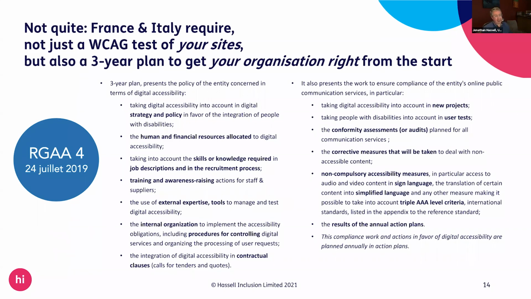We've got things in here like the strategy and policy, how much money you're dedicating to this. They want to know how you're making sure that staff are skilled, and is that there in recruitment and training and awareness raising. How the internal organization happens so that they're able to deliver accessibility in a way which is repeatable. How to get it into new projects as just part of what those new projects are.